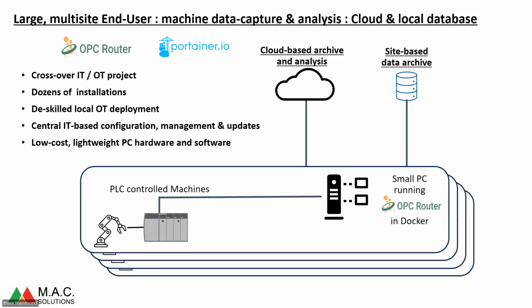The only thing they have to do is talk about the firewall rules, but no heavy server blades need to be installed, usually by the IT department. Instead, you have light hardware, an edge device, which you can simply connect directly. They are the masters of how to do it, and that's why they chose this architecture: each machine having an edge device with OPC Router, and then also Portainer.